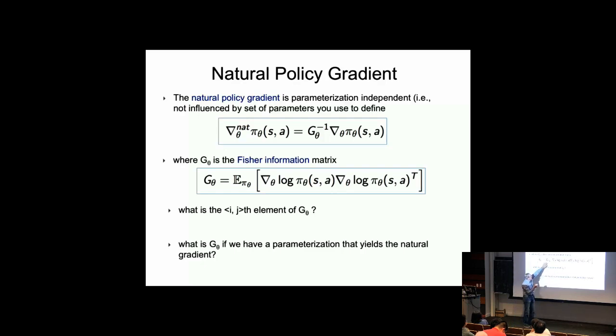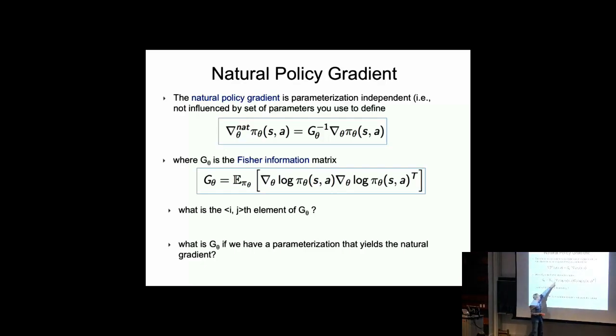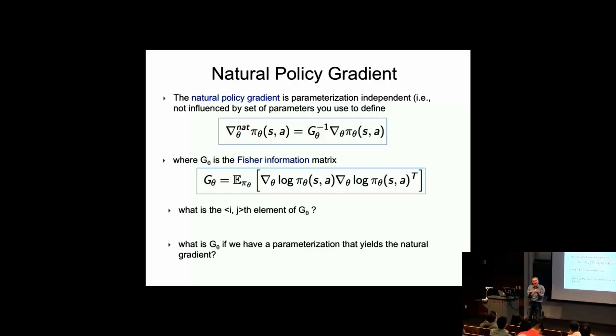If I take the expected value of this over the state action distribution given by pi, then what this tells me is how correlated the gradient of log pi with respect to parameter i and the derivative with respect to parameter j are. So it's basically a measure of how correlated those two derivatives are.